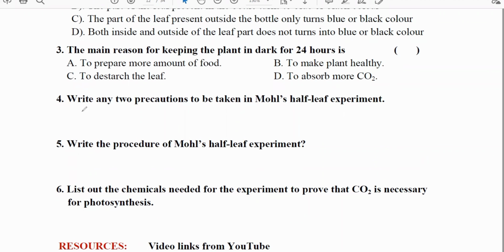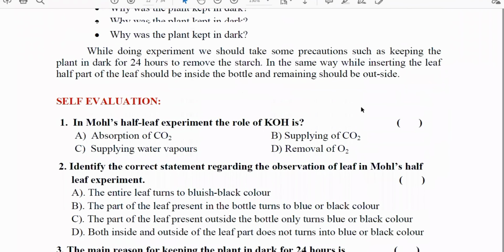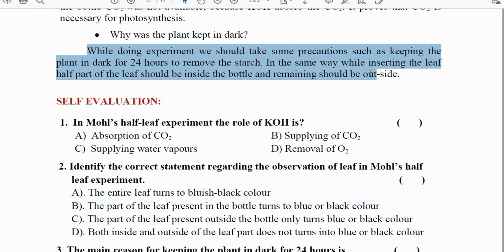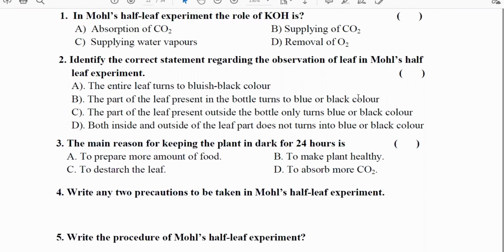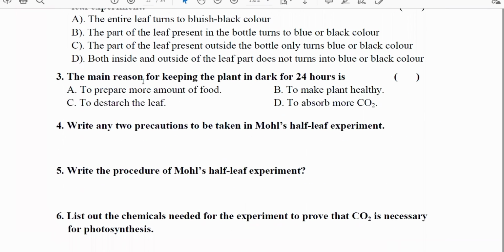Next, write any two precautions to be taken in moles of leaf experiment.